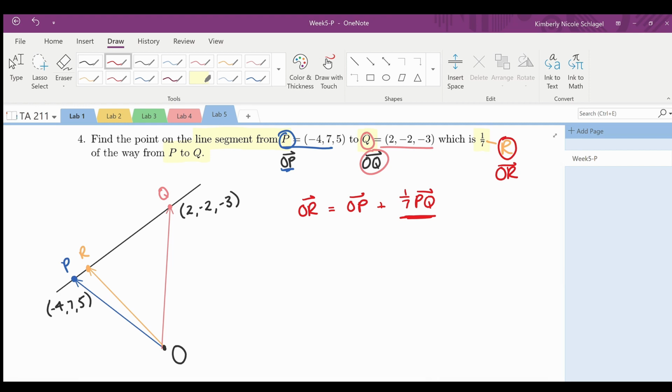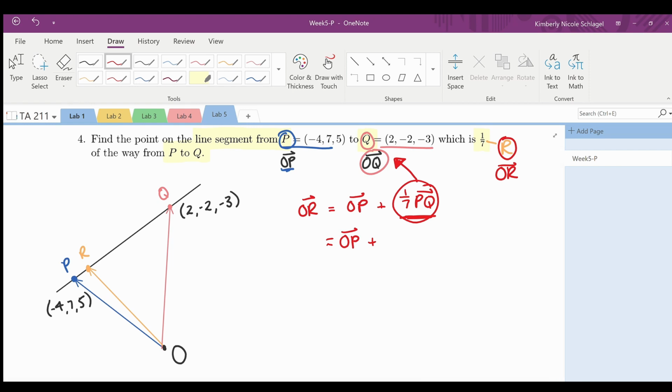So we know that somehow we're going to have to rewrite this PQ in terms of things that we already know. I'm going to go ahead and write OR equals OP plus, and what we're going to do now is think about how we can get what we want from what we already have. We have OQ and we have OP, right?